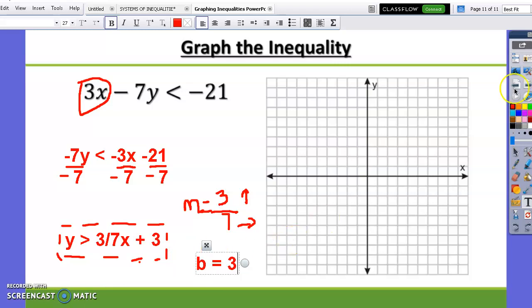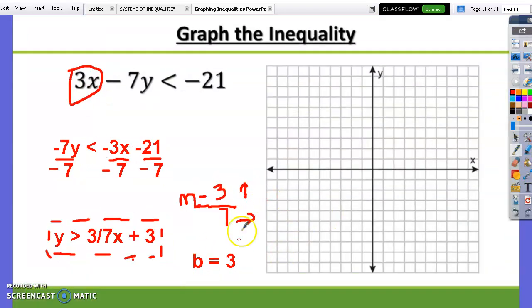I got ahead of myself there. Instead of going up and right, I could go down and left. B is where I begin though, so I'm beginning at positive 3. So up 1, 2, 3. I could go up 3 more. 1, 2, 3. And to the right 7. 1, 2, 3, 4, 5, 6, 7.